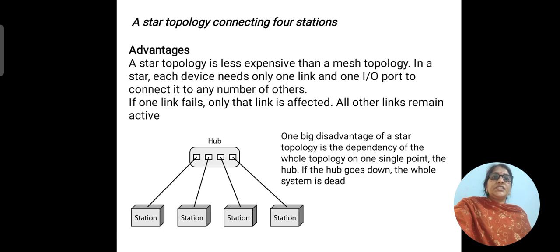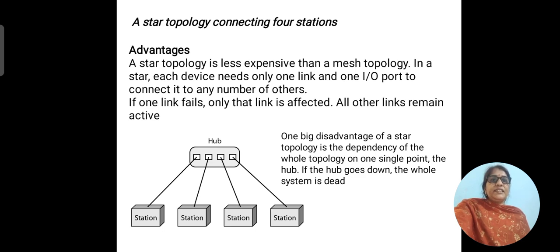The advantages of star topology are: a star topology is less expensive than a mesh topology. In a star topology, each device needs only one link and one input output port to connect it to any number of others.